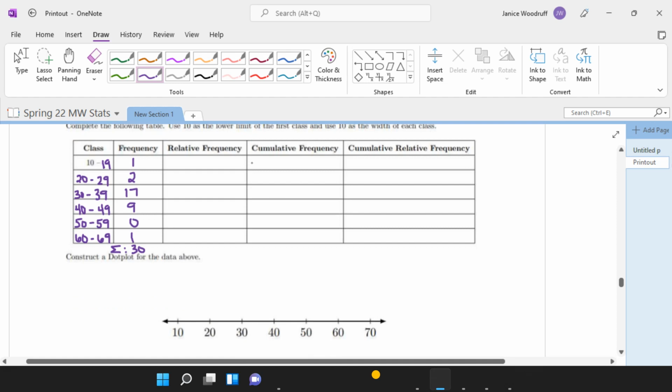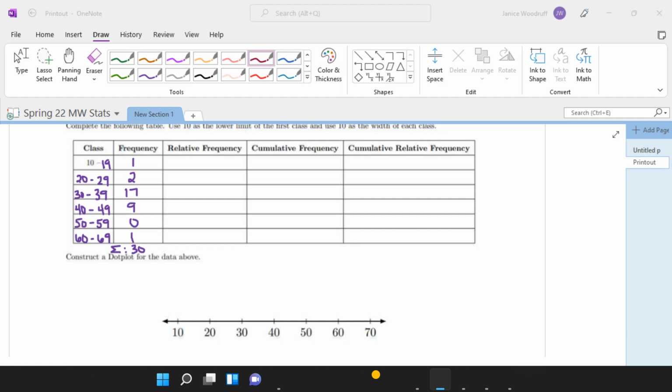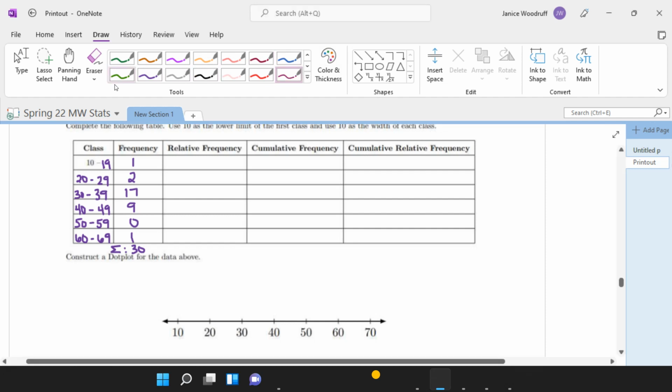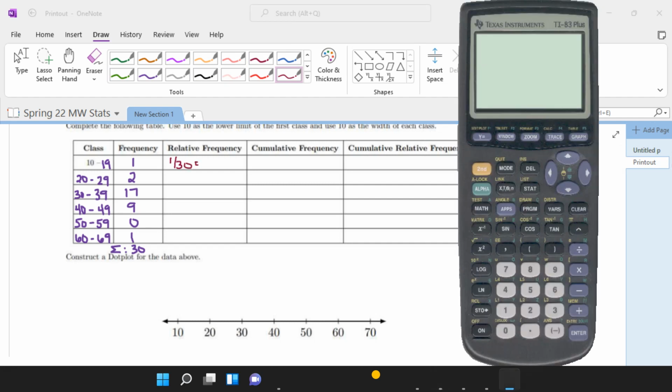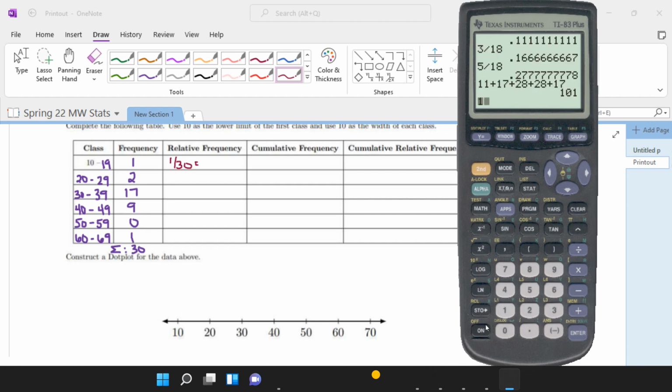So relative frequency. We have 1 out of 30, and that should give us 0.033.